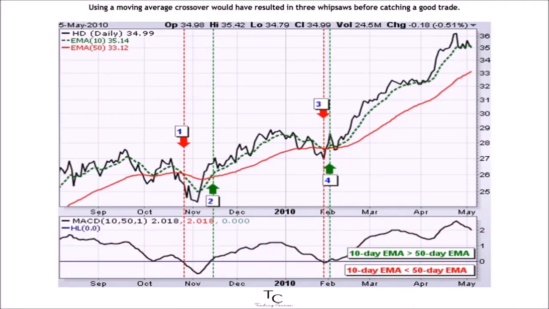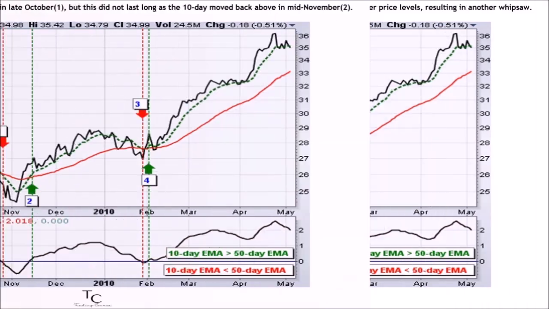Using a moving average crossover would have resulted in 3 whipsaws before catching a good trade. The 10-day EMA broke below the 50-day EMA in late October. But this did not last long as the 10-day moved back above in mid-November.